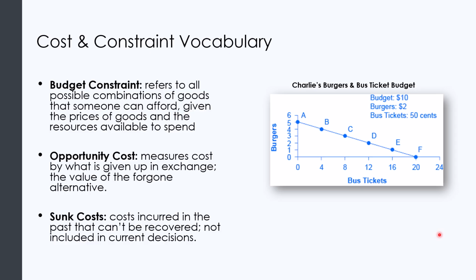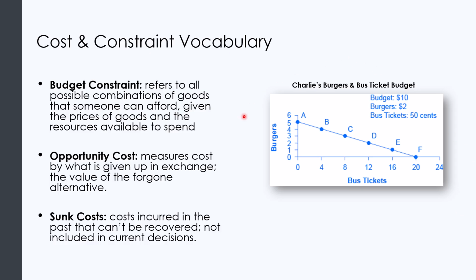In a macro sense, same idea. A government has a budget. They have a set idea about the priorities they want to spend on, and they have to choose how they're going to maximize the use of their budget.